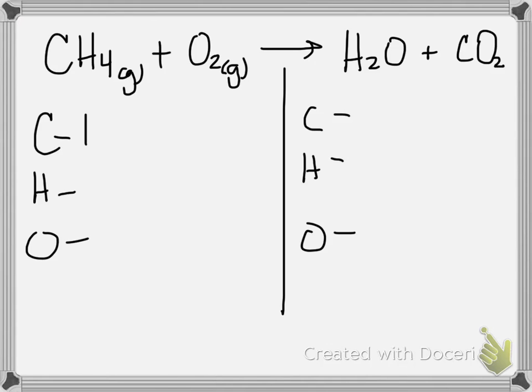So I'm starting off with 1 carbon, 4 hydrogens, 2 oxygens on the reactant side, 1 carbon, 2 hydrogen, and how many oxygens on the product side? Yes, be careful. It's a trap because you want to look at either this one or this one, but you have to look at them both. So there are 3 oxygens.